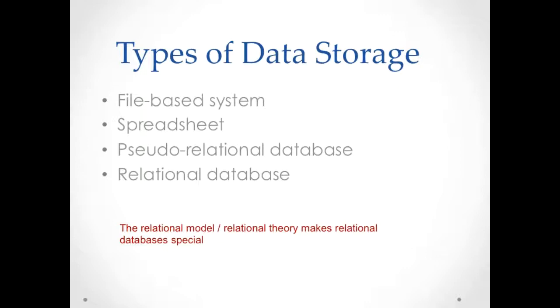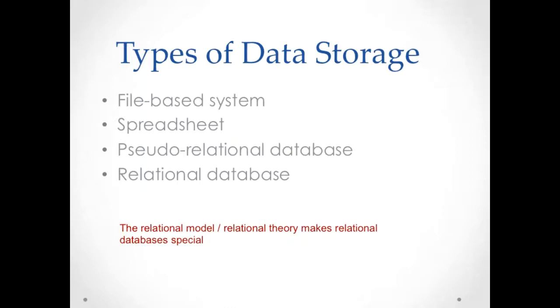Or if you saved your data in an Excel spreadsheet in CSV format, or comma-separated variable, just sort of plain text format, and sent it, you would be sending them a file. And if you write a computer program in some language that uses data in some way, a lot of people store the data that the program uses or writes out in files that the program accesses, and those are file-based systems as well.